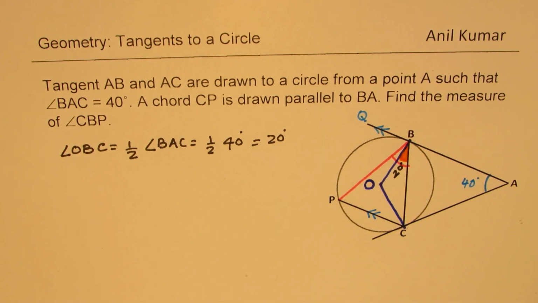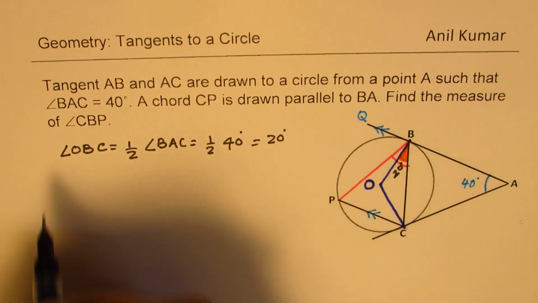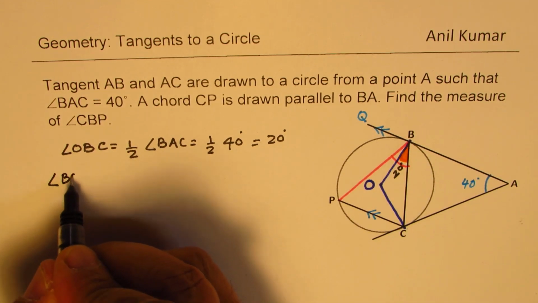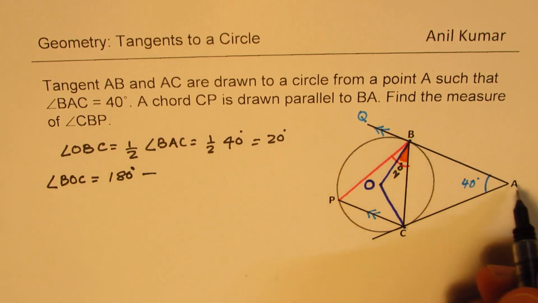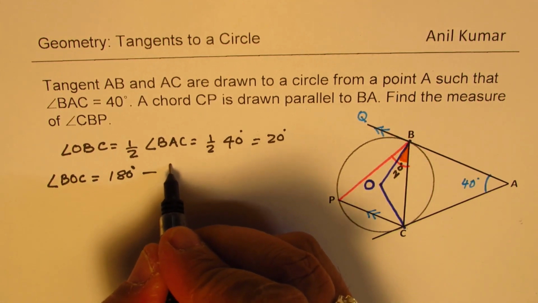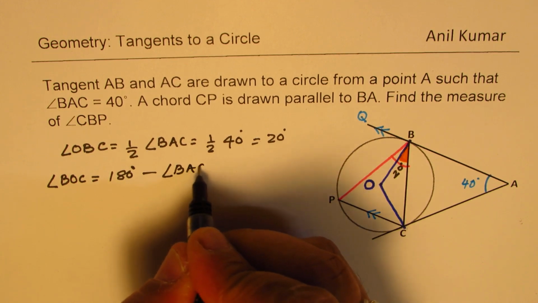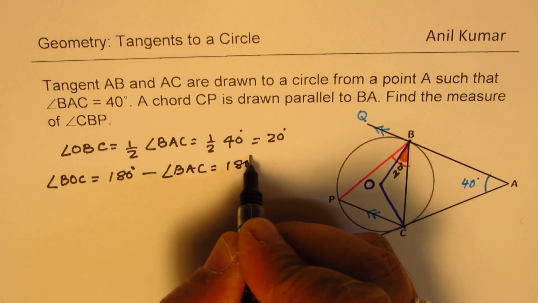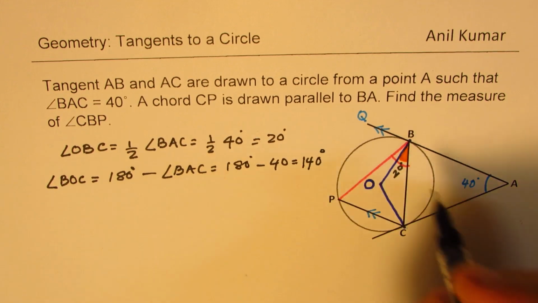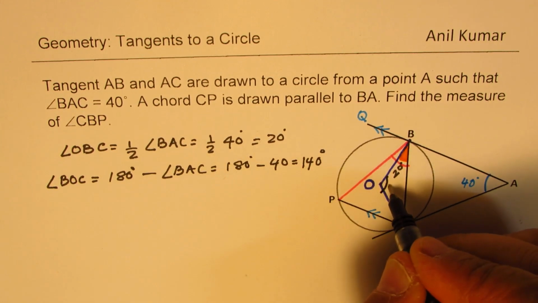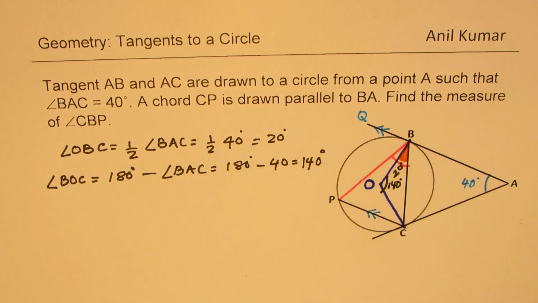Second thing which we learned is that angle BOC is 180 degrees minus BAC, which is 180 degrees minus 40, or 140 degrees. So this angle here is 140. Clear?